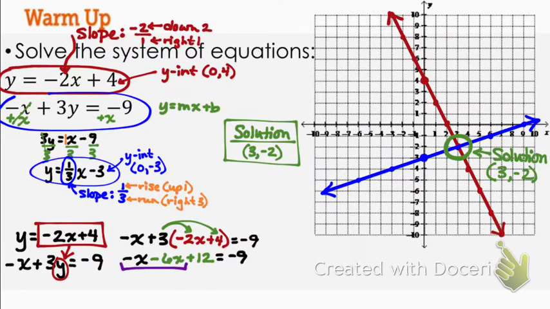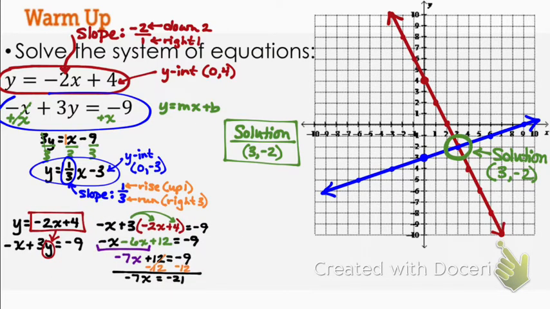Negative 1x and negative 6x combine to give me what? Negative 7x plus 12 equals negative 9. From here, I'm going to subtract 12 from both sides. Be careful. What is negative 9 minus 12? Negative 21. And then what would I still need to do to get the x all by itself?